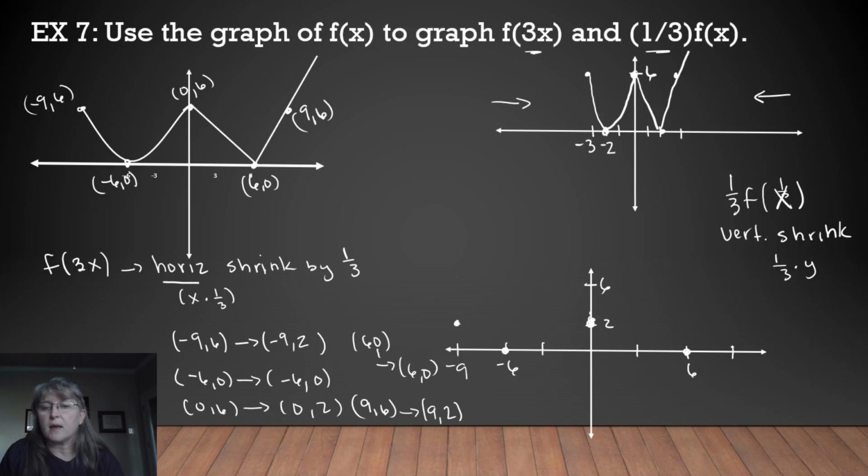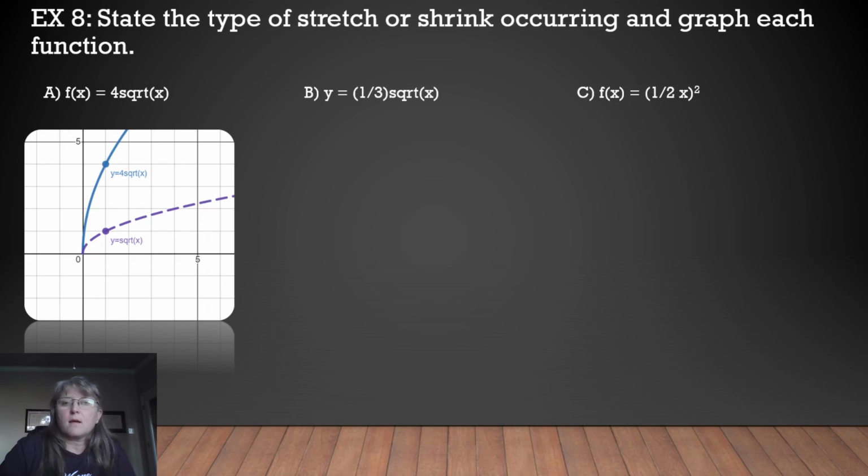And at 9, I'll be at 2. So I have this U here, and then straight lines. So now you can see it looks like everything has been compressed this way. It makes it look shorter. Okay. In the first one, it didn't get any taller, it just got skinnier.